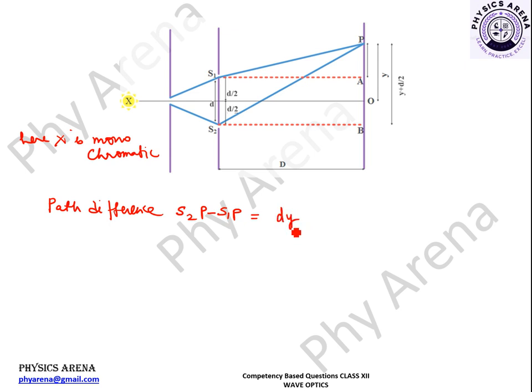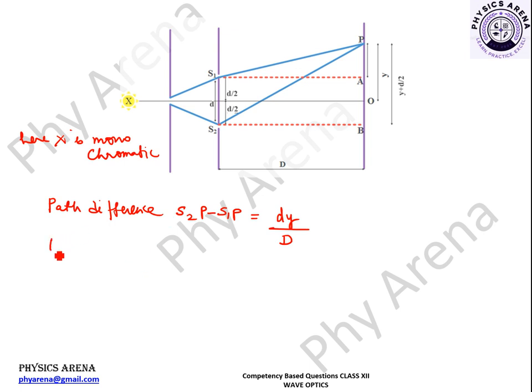dy upon capital D, where small d is the distance between the slits, y is the position on the screen from the central maxima, and capital D is the distance between the screen and the slits. So this is the value of path difference. Now I can write this path difference and I can find out the value of maxima or minima at point P based on two conditions.